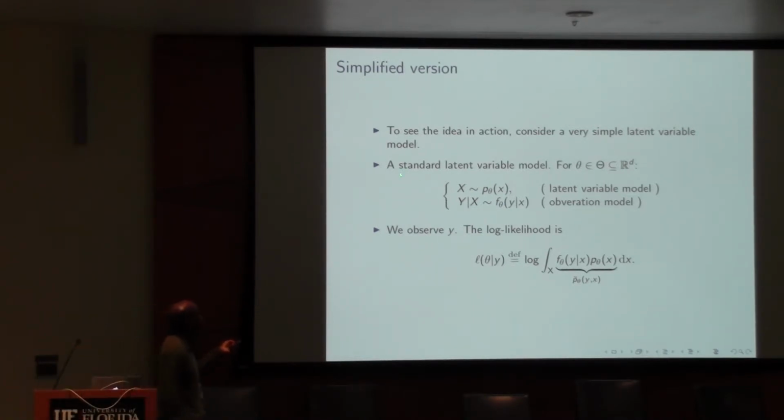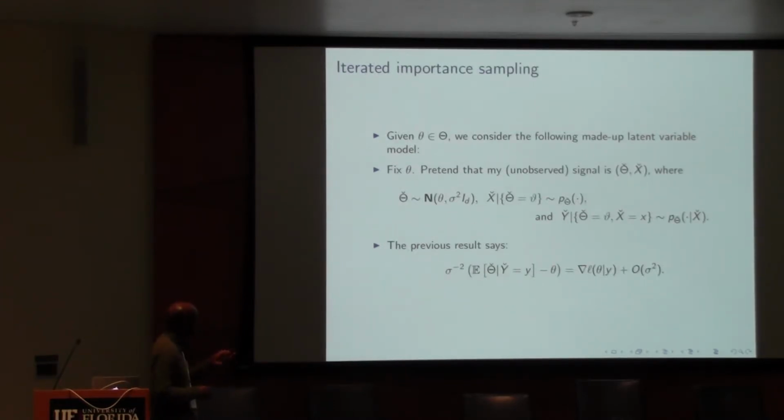So to illustrate that, let's look at a standard latent variable model, which is the baby version of the state space model, where this is my latent variable and this is the observation model. So the likelihood is this thing here. Now my made-up model in this particular case becomes the following.